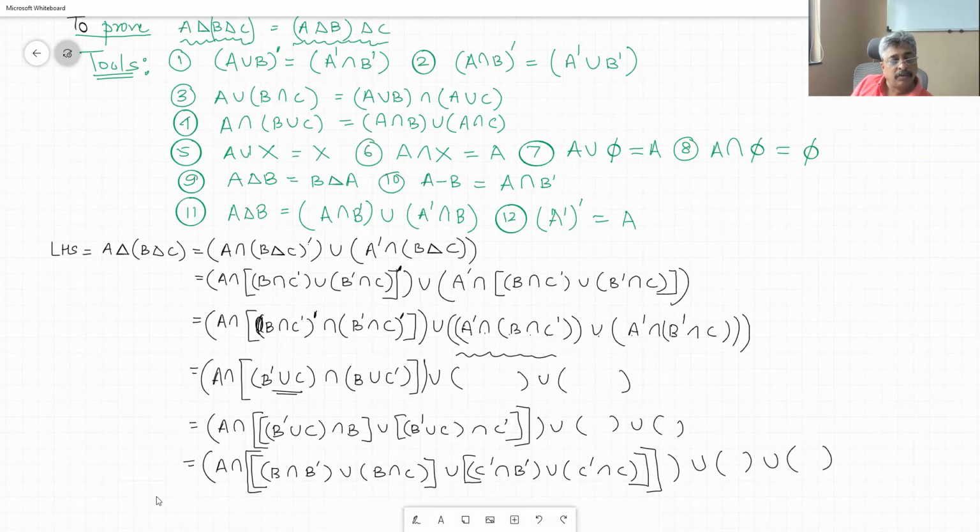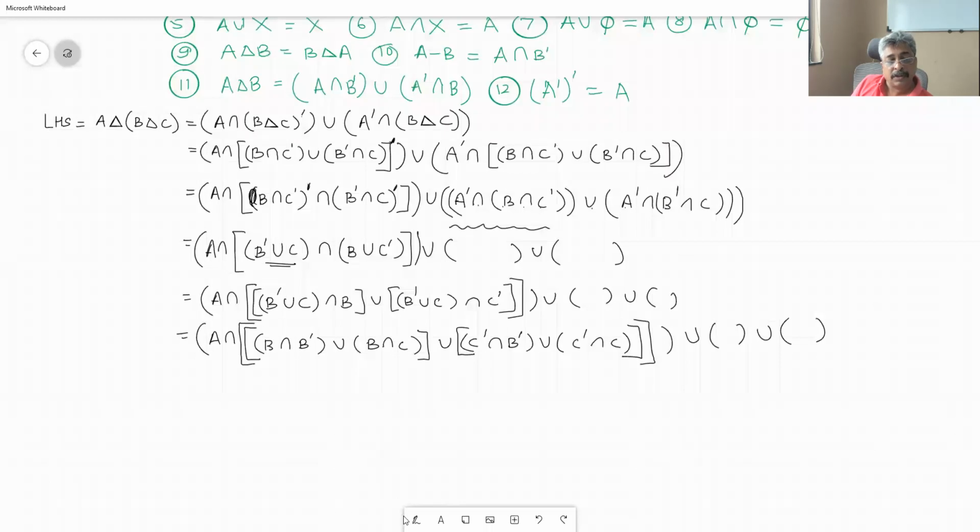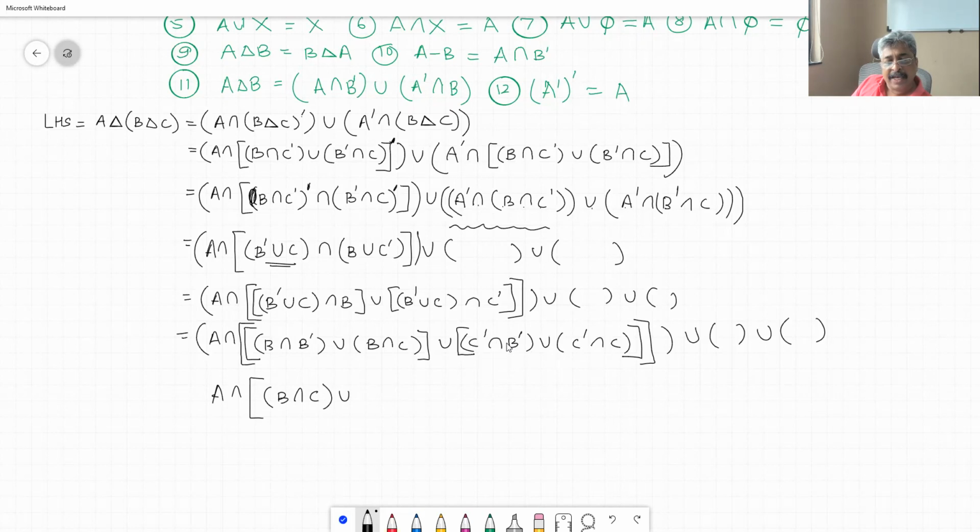So the last thing that we would like to do is distribute. Okay, this is clear. What is the meaning of B intersection B dash? This is empty. So A intersection rectangular bracket, this is empty, union B intersection C. So practically it is B intersection C, union again, C dash intersection B dash will survive.